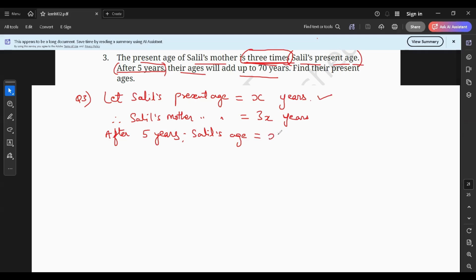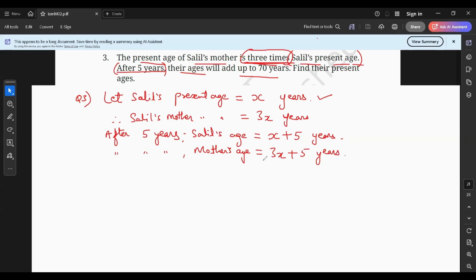After 5 years, his age will become x plus 5 years. Because it is after, the age will increase. Similarly, after 5 years, mother's age, earlier mother was 3x. After 5 years, her age will also increase by 5.